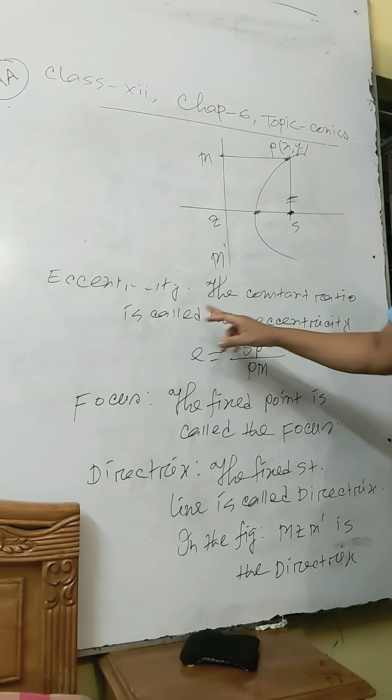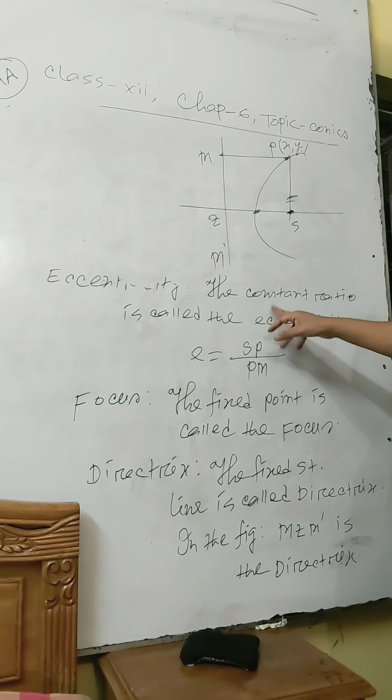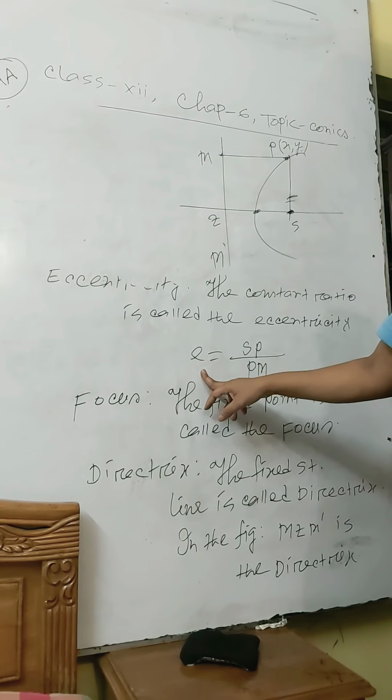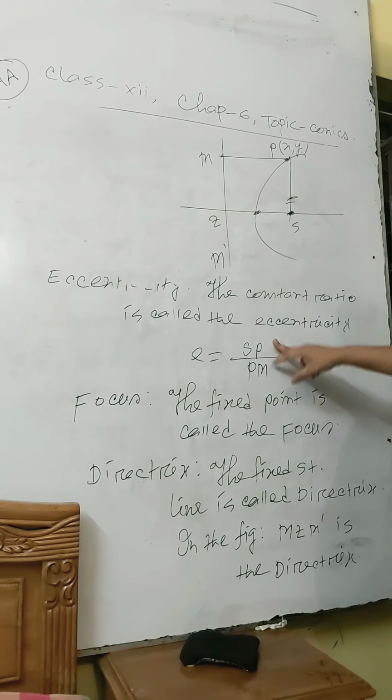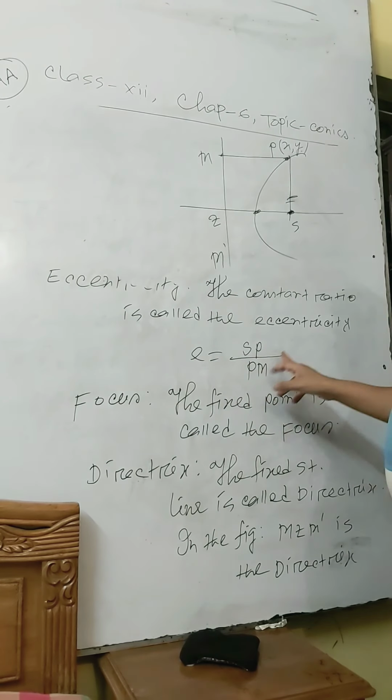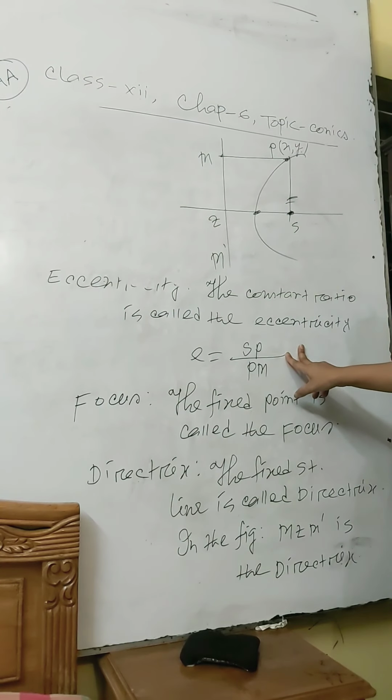And the eccentricity: what is the definition of eccentricity? The constant ratio is called the eccentricity, which is generally denoted by e. That's why from the figure it is seen that the distance SP divided by PM equal to e, where e is called the eccentricity.